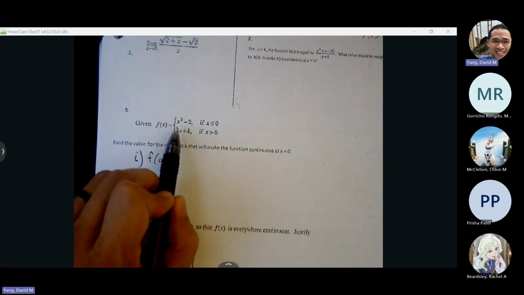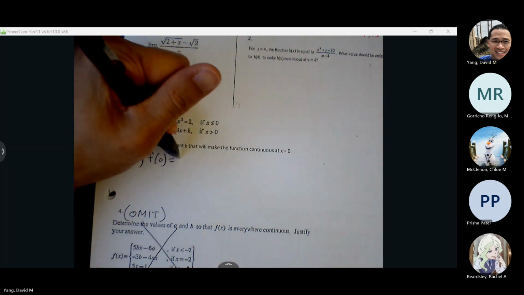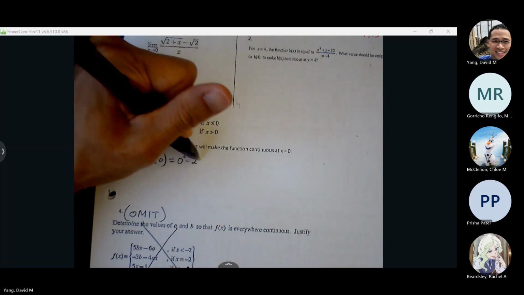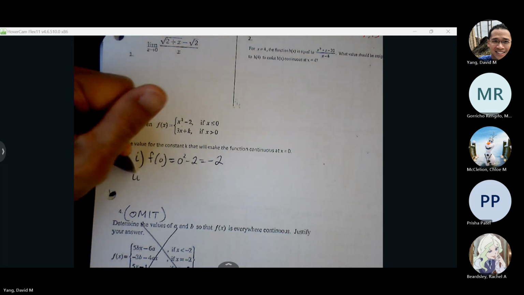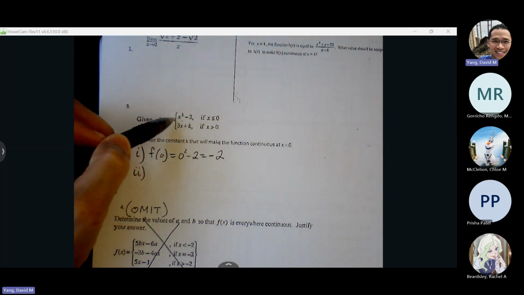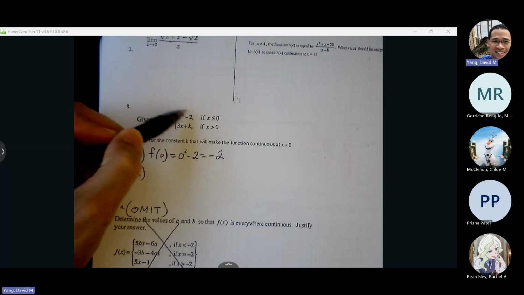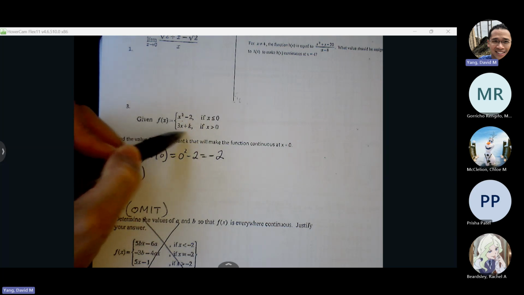F of 0, first piecewise. Second condition, limits. We do need one-sided limits here. So approaching 0 from the left, we'll use the top one. Approaching 0 from the right, we use the second one.